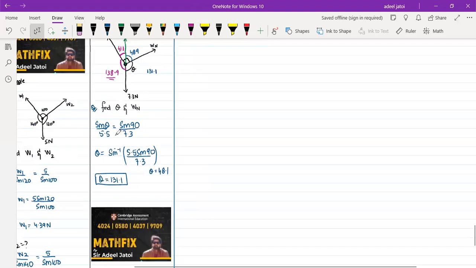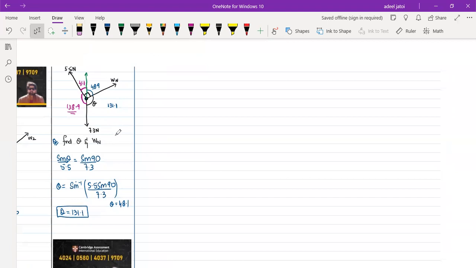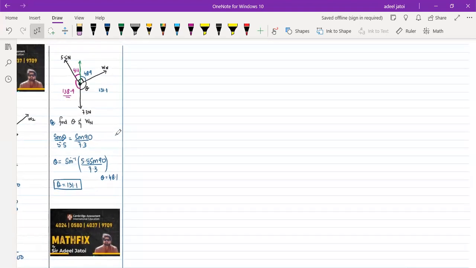Since we need the angle corresponding to W Newton, the angle representing this is 138.9.